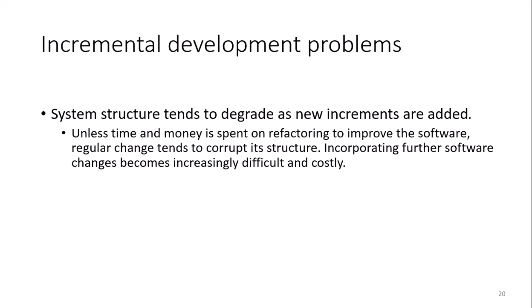So unless time and money is spent on refactoring to improve the software, regular change tends to corrupt its structure. Incorporating further software change becomes increasingly difficult and costly. So that is the main problem with the incremental model.